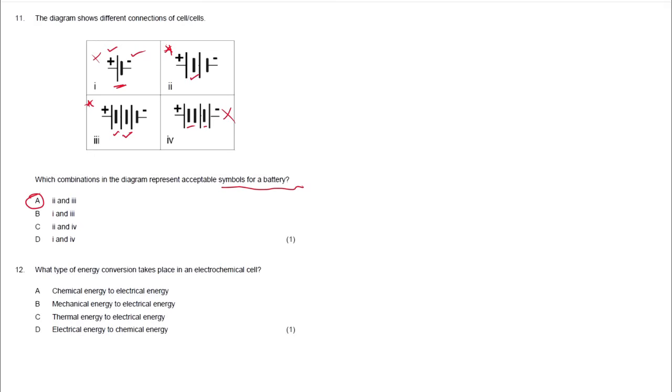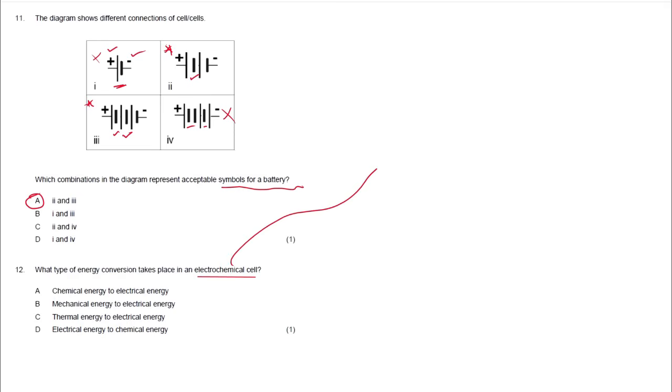Okay, and then next we will move to our next question, which is question 12. Question 12 says, what type of energy conversion takes place in an electrochemical cell?